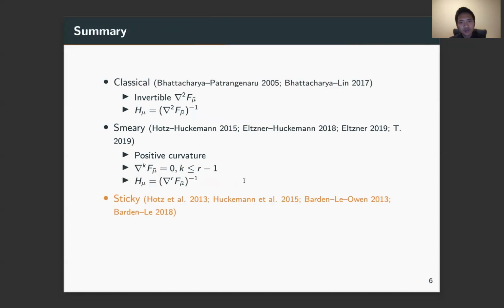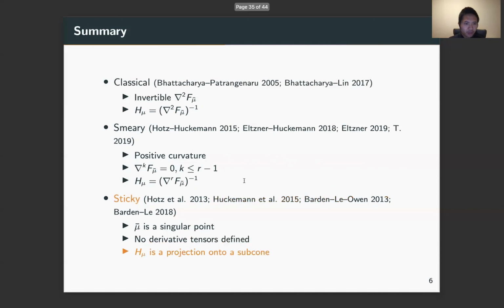There is the case I mentioned earlier, when the limiting distribution is singular. That's when we call it sticky. There are some examples of this, but essentially that is when mu bar is a singular point and we cannot compute the derivative tensor. And H mu will be a projection, so it's not a linear map anymore.